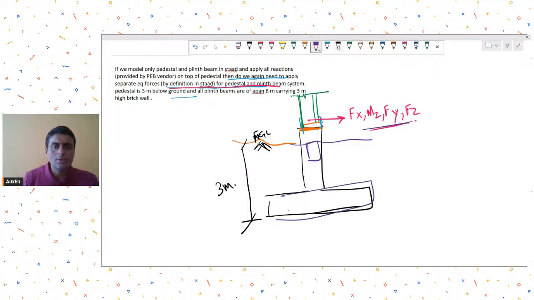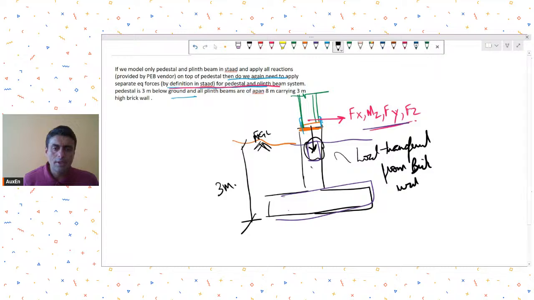One thing that you can do is to add up the gravity loads that are getting transferred from the brick wall on this plinth beam. You have mentioned that there is a 3 meter brick wall also. So the load transferred from the brick wall, you can add in as gravity load, as axial load P, in your pedestal and footing design.